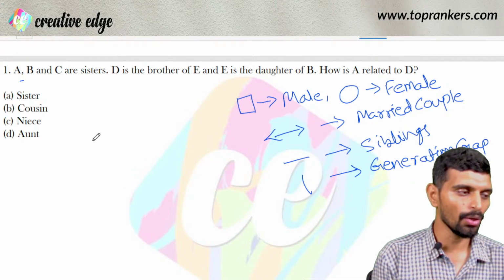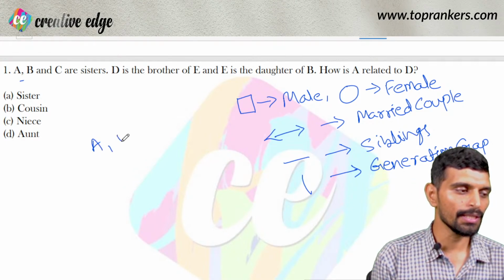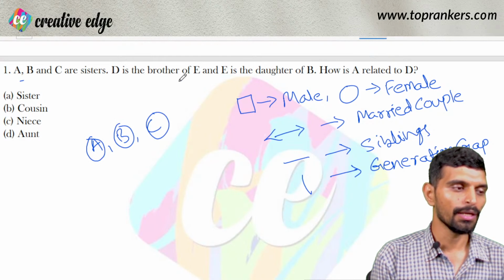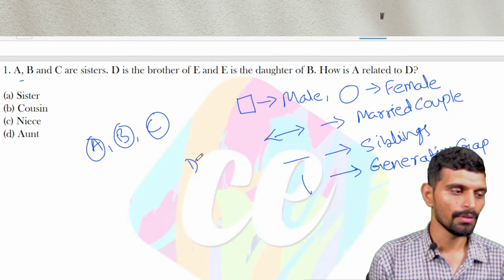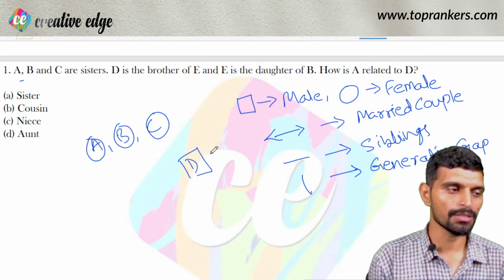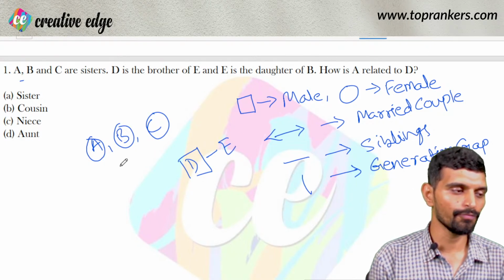What we know is that A, B and C are sisters, so all these three characters are female. D is brother of E, so D is male, and E is daughter of B.